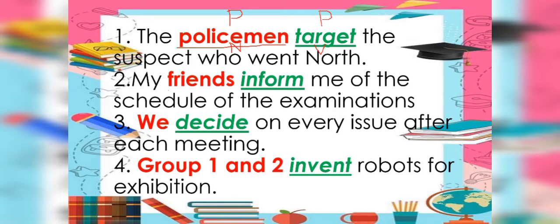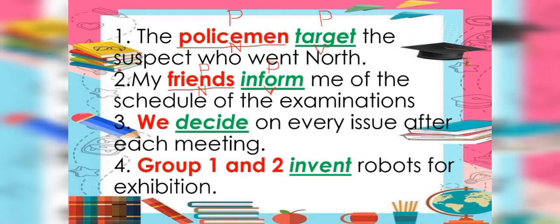Number 2, friends is the noun or the doer of the action and it is plural. And the verb we use is the verb inform, as you notice, without s again, and this is in a plural form of the verb.